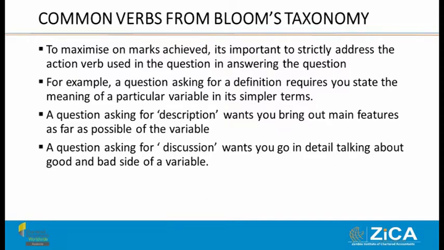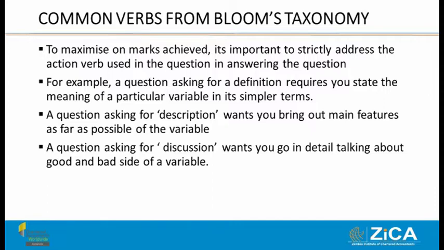So in the remembering level, you normally get command words in the questions like list, identify, define, mention, who, why, which, and what. So these are very, very basic command words.